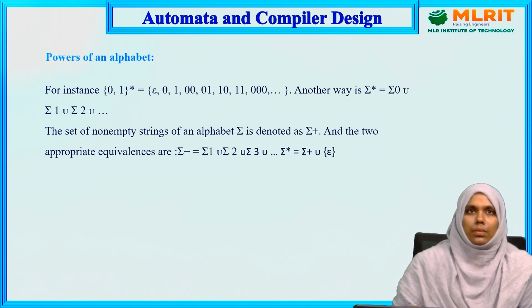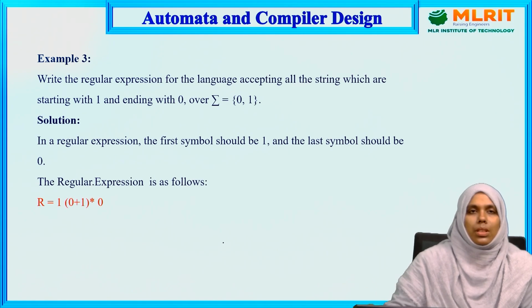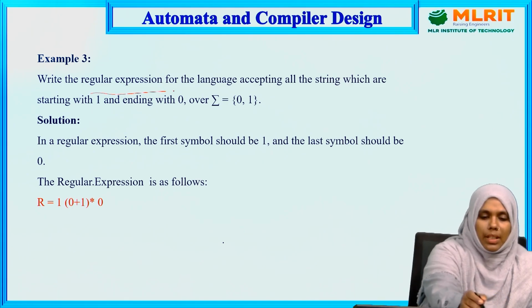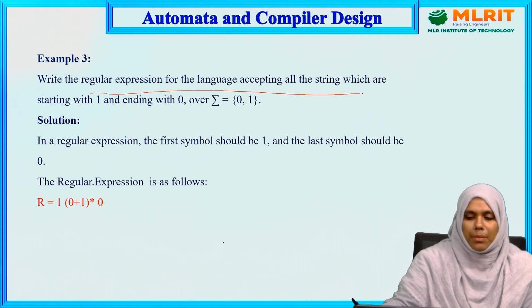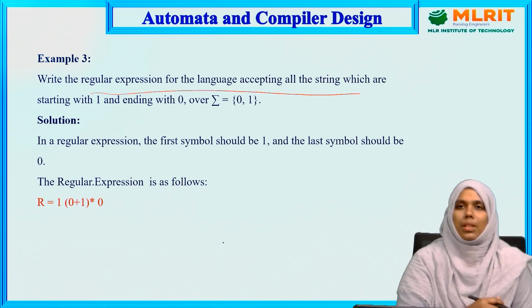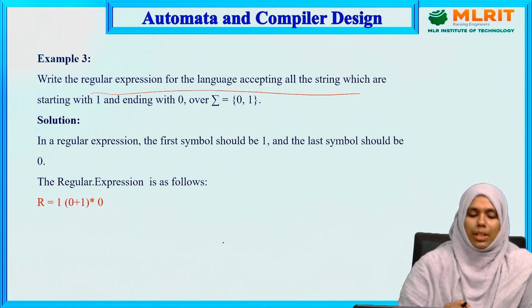Now coming to the third example. What is the third example given here? Write the regular expression for the language accepting all strings which start with 1 and end with 0. Before writing the regular expression, it is better to write the language. If you understand the language, we can definitely write the regular expression.